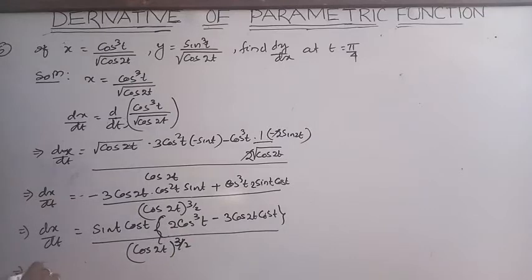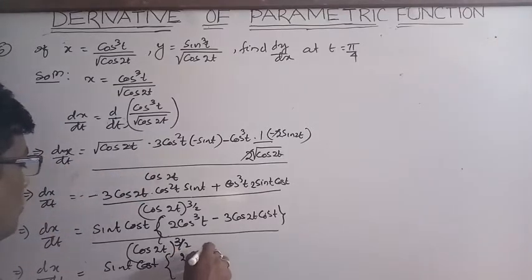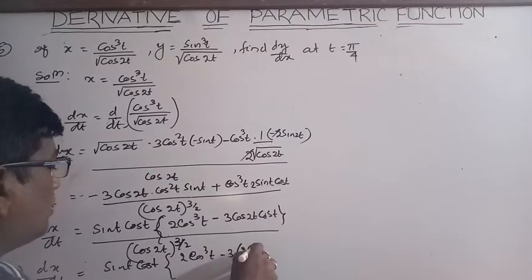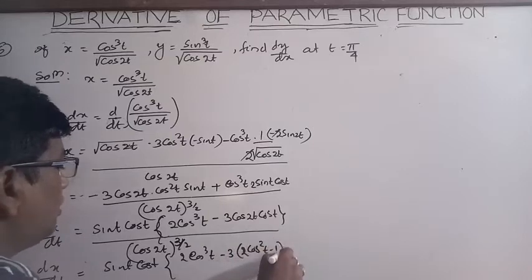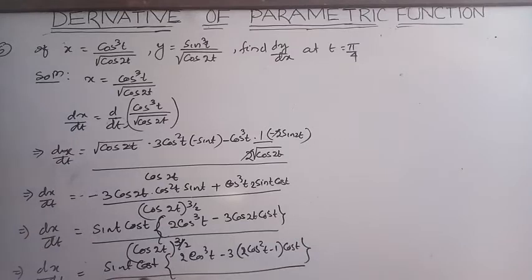So dx/dt is equal to sin t into cos t, times 2cos³t and 3 into what? 2cos²t minus 1, into cos t. Clear? And the whole divided by cos 2t power 3/2.